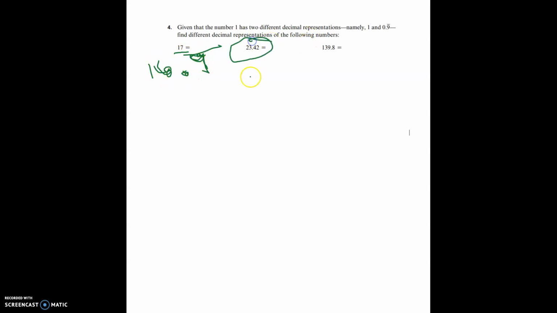All right, so this one would be 23.41 and then a 9 repeating, which, if that ever shows up on your calculator, is not truly what it looks like. It's 23.42. And the same thing here. This could be 139.7 and then a 9 repeating.